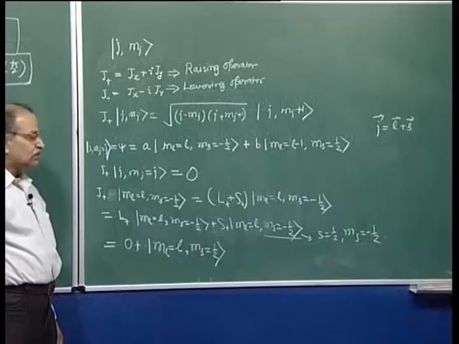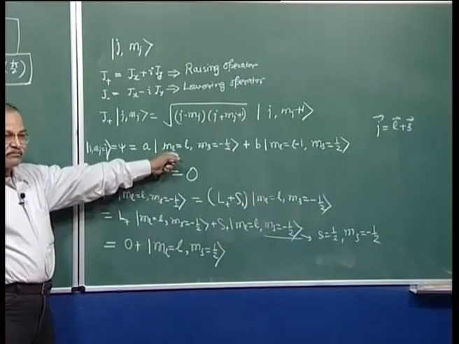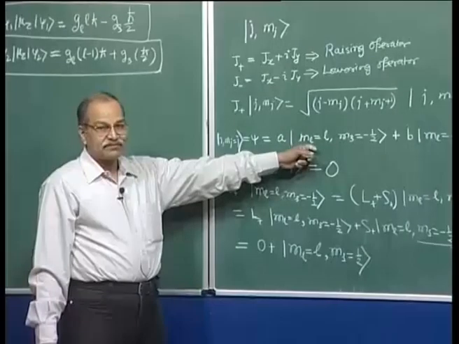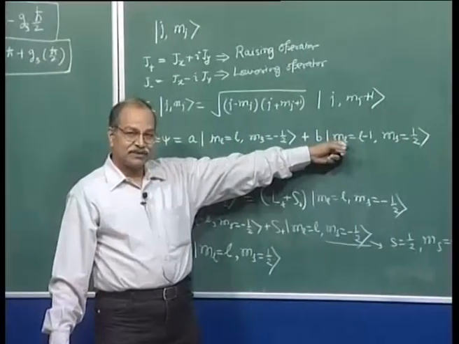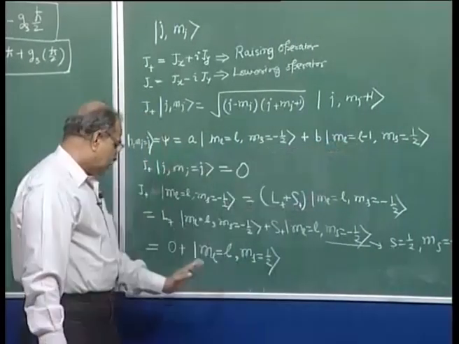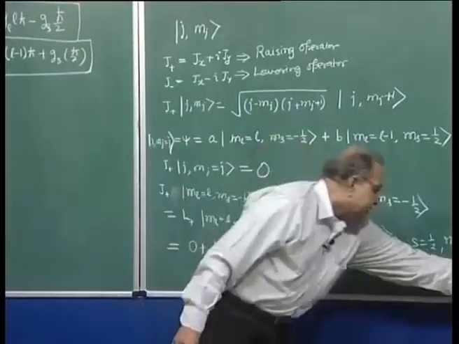Okay. So, I have operated J plus on the first term here. I have to yet operate J plus on this one. So, keep this in mind, J plus on the first. Let me do it here.